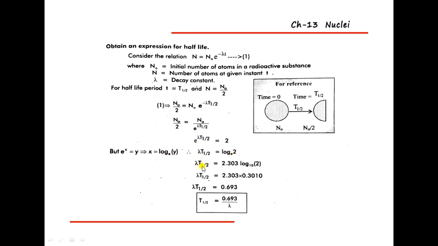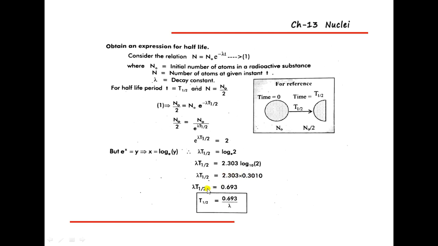Then lambda t half is equal to, by solving this you will get the e base. If you want to take the log base as 10, you should multiply 2.303 into log 2 to the base 10. Therefore, lambda t half is equal to 2.303 times log 2 to the base 10, whose value is 0.3010.